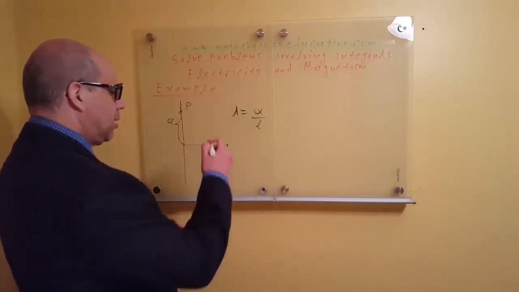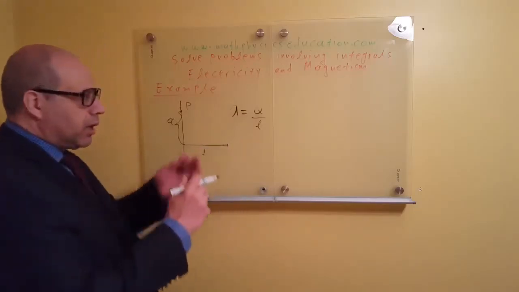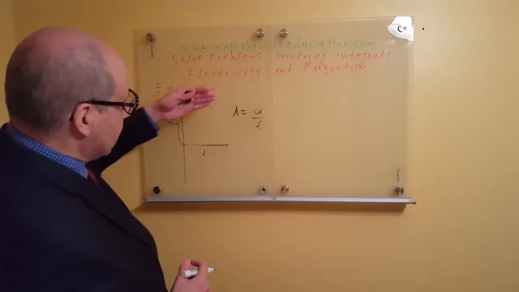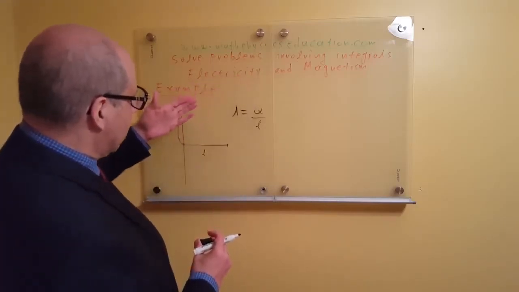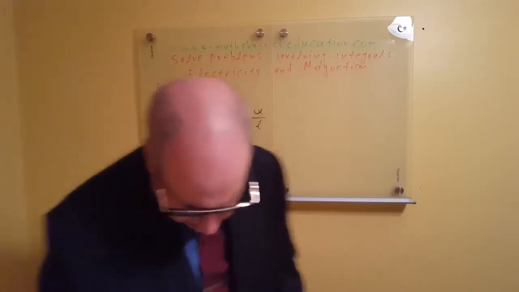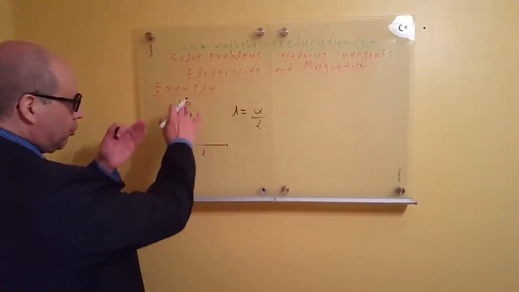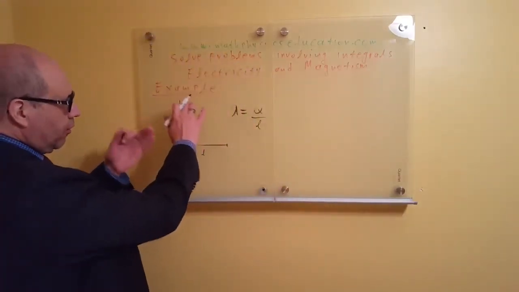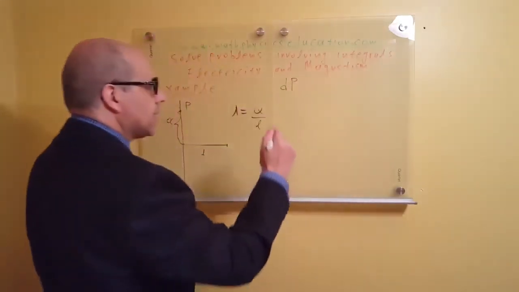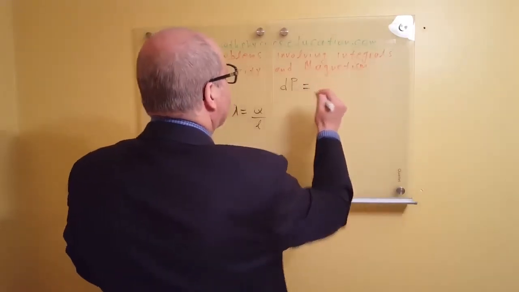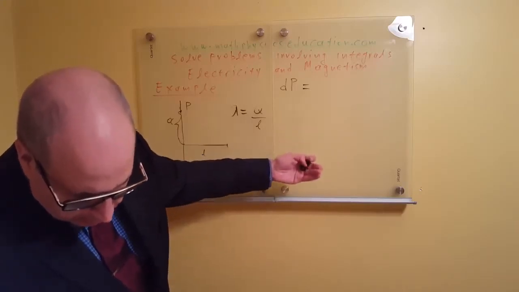The formula is that dP is equal to K, which is a constant, times dQ over R, and R is this distance here. So that's the first step. Write again, dP is equal to K dQ over R.